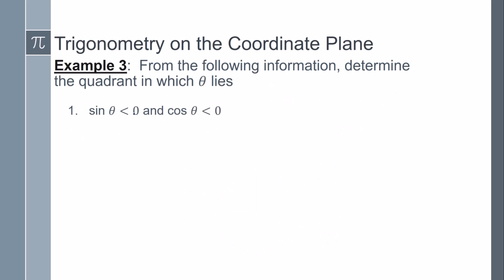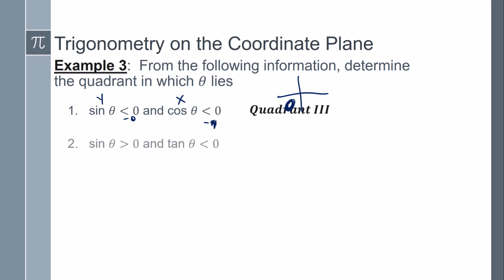So it's saying sine is less than 0, cosine of theta is less than 0, okay? Well, if I know that this is going to be y and this is going to be x, where are my x and y negative? Less than 0 is negative. So where are they both negative? That's going to be in this quadrant, so that's quadrant 3. Where is my sine positive?